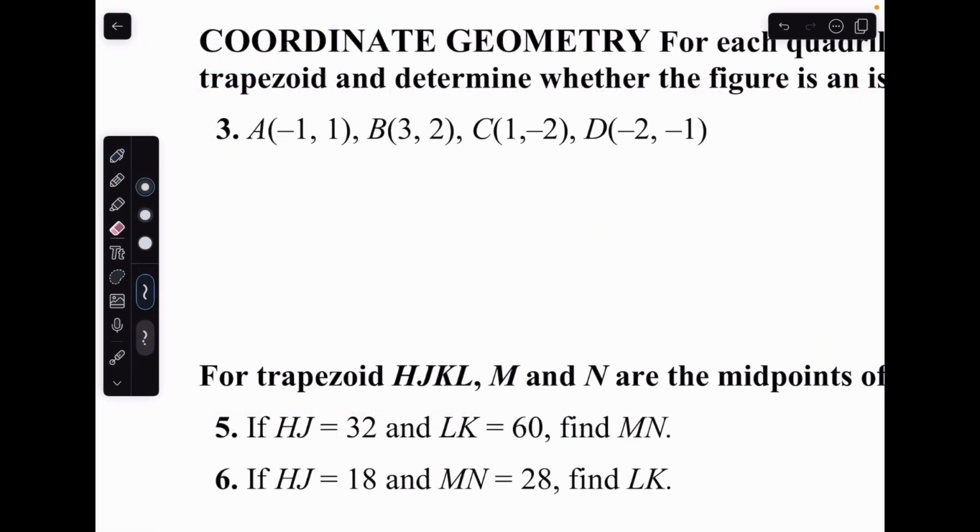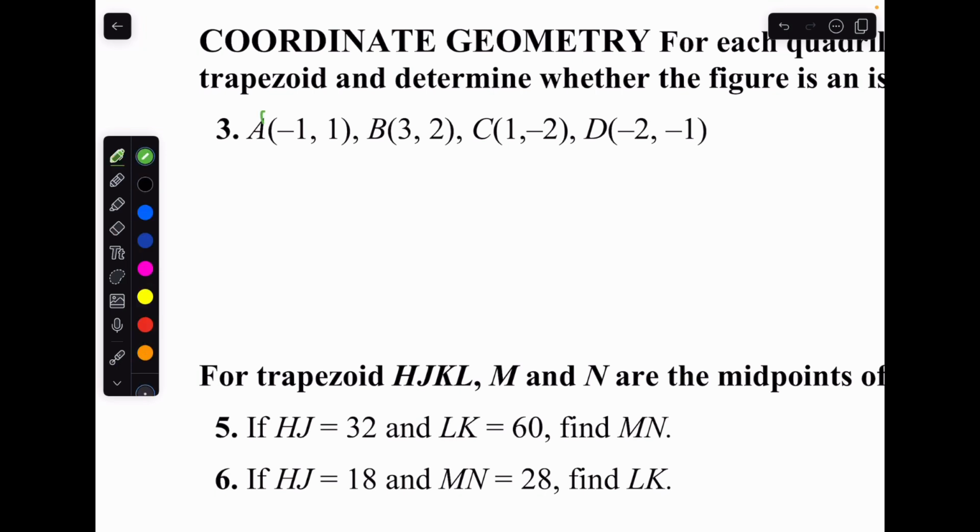Okay, so now to determine whether this trapezoid, problem number 3, is an isosceles trapezoid, and number 1, if it's a trapezoid, I need to find two sides that are parallel. And then the two sides that are not parallel, I need to check if they are congruent. That means if they have the same distance.